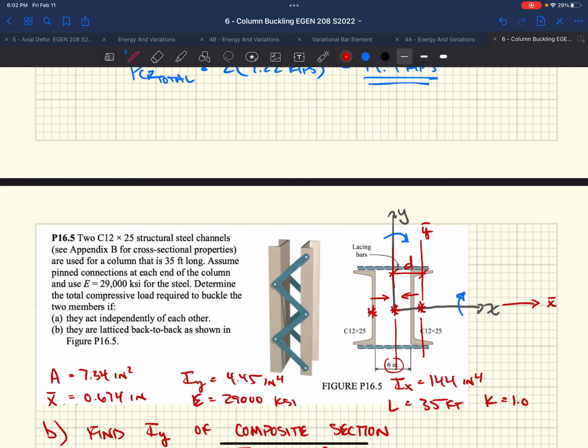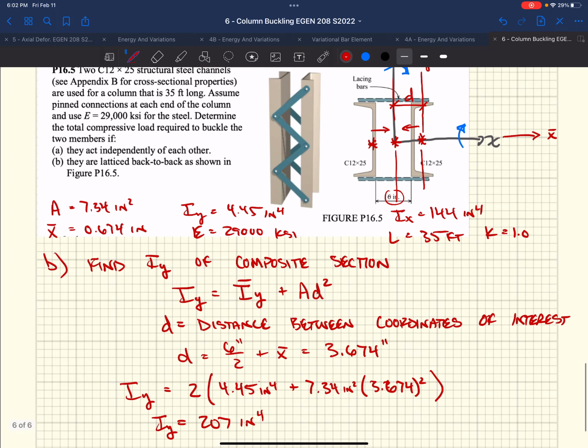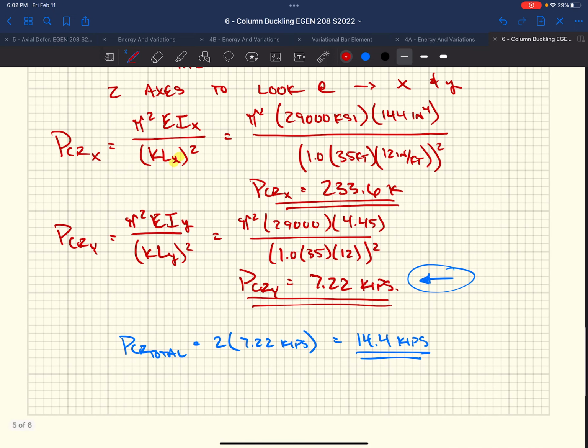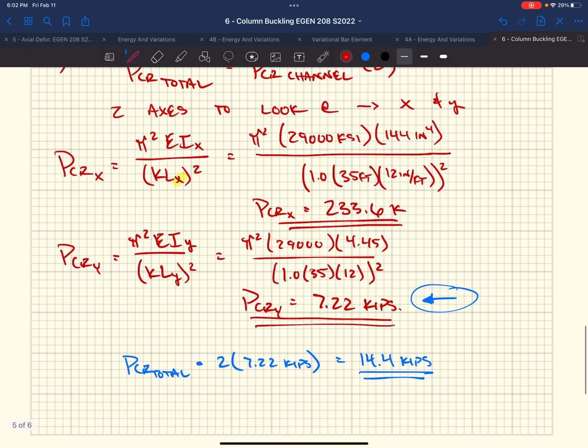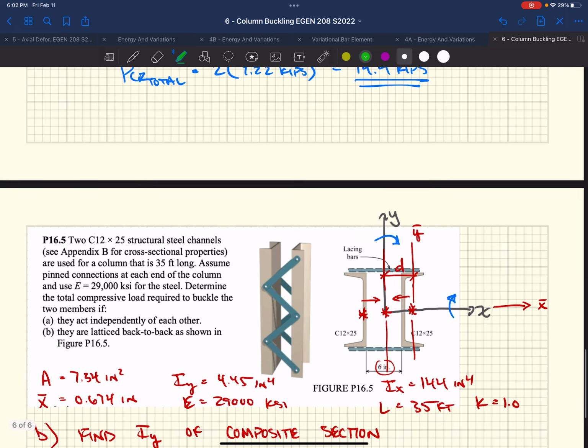It might be supporting that column in one direction so that the length in one direction is different than the length in the other direction. But in this case, because they're the same length, if we look at our governing equation, pi squared EI over KL squared, well, K is the same and L is the same between both of our axes. E is the same and pi is the same with both of our axes. Really, it's this I term that's driving the capacity of our column.